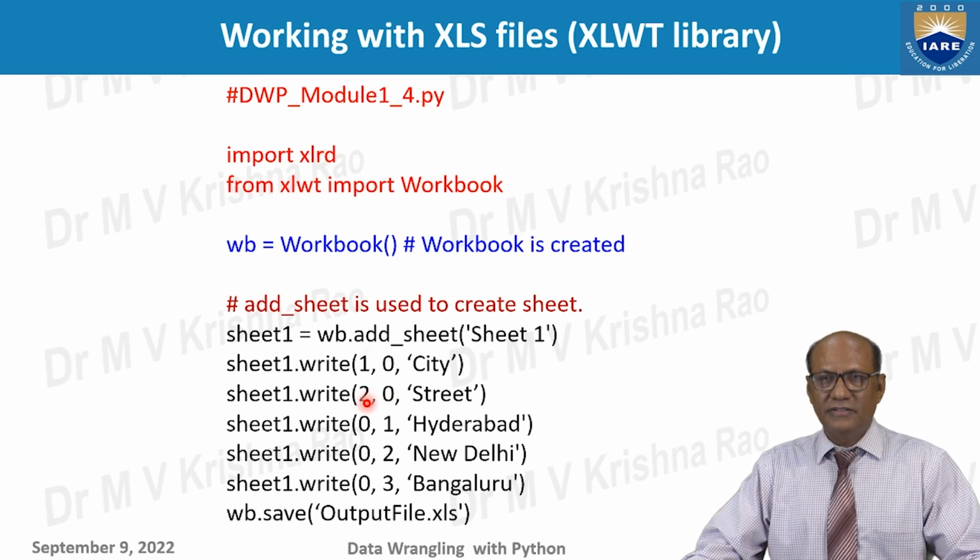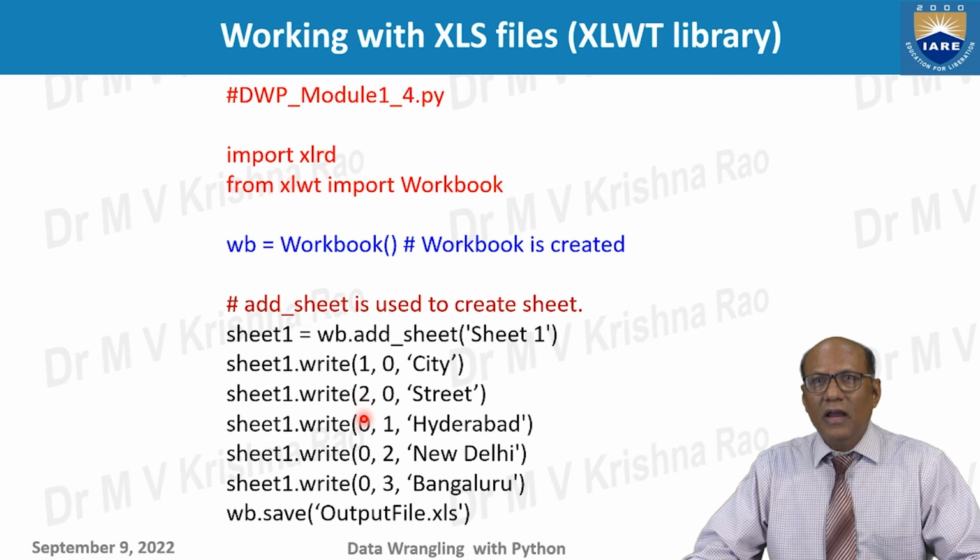These are column entries, these are row entries. Now what are you doing? City, state. After that, this is the 0th column, and first row, second row, third row.